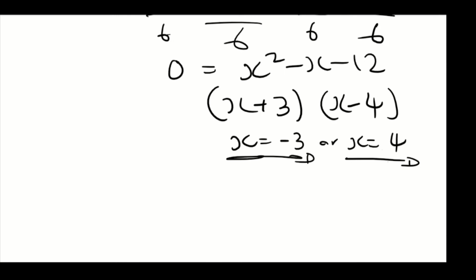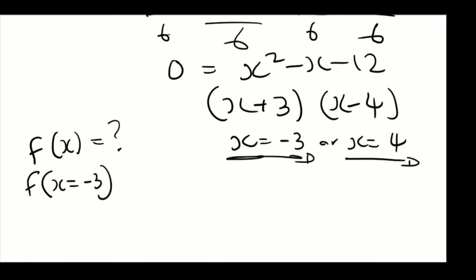Now we want to find the y values of the turning points. So you're going to substitute in your f of x equation. So it's going to say f of minus 3. So when you substitute it into the original equation, as I said, f of x is equal to 2x cubed minus 3x squared minus 72x minus 35.